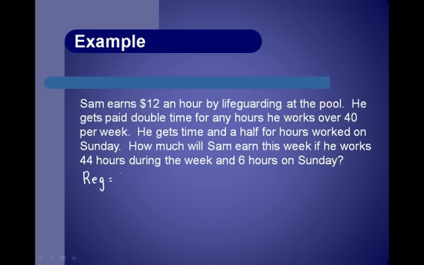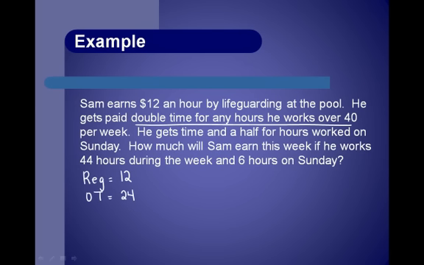His regular pay is $12 an hour for the first 40 hours. He gets paid double time for any hours worked over 40. So this is what we're going to call overtime hours. Double time means 2 times his regular, so overtime hours, Sam is making $24 an hour.